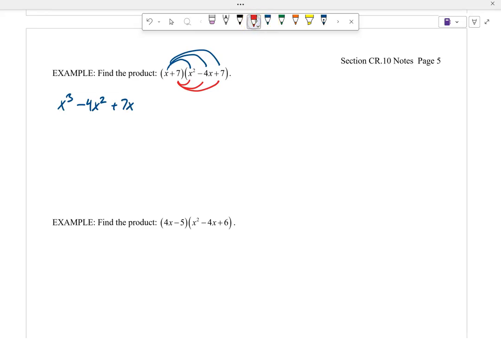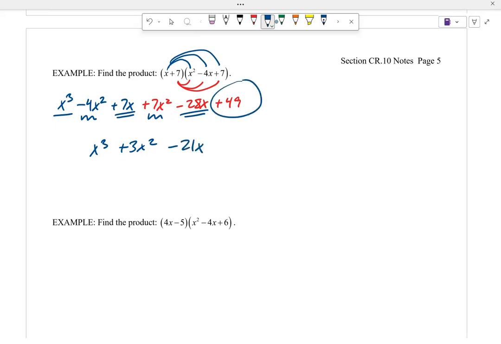And then in red, now I'm going to take the 7 through. 7 times x squared, 7x squared. 7 times negative 4x, negative 28x. 7 times a positive 7, 49. And then I'm just going to go ahead and combine like terms. X to the third is a loner, but I do have a negative 4x squared plus 7x squared, which would give me a 3x squared. I have a 7x minus 28x is a minus 21x. And then it looks like I have a loner 49 there at the end.